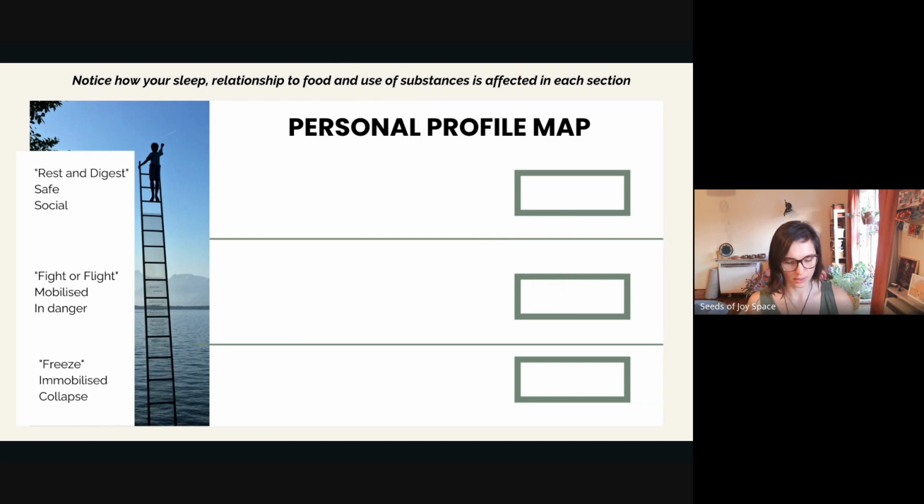Just taking another moment in the fight or flight. Now, when you're ready, we will move to the last one, which is the rest and digest, the ventral vagal. And this is where we feel safe, social, connected.